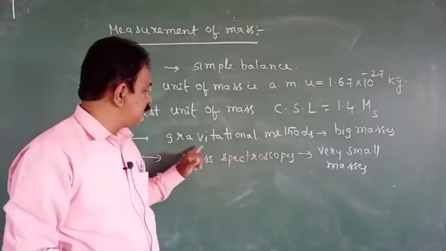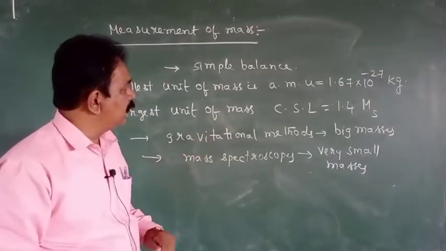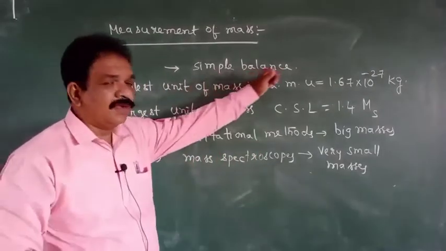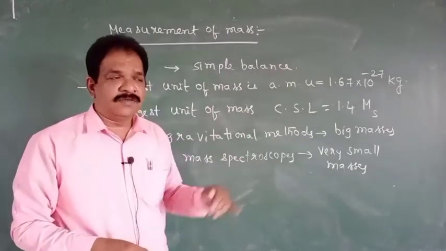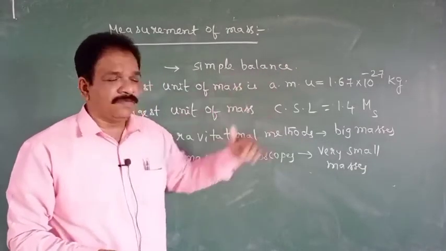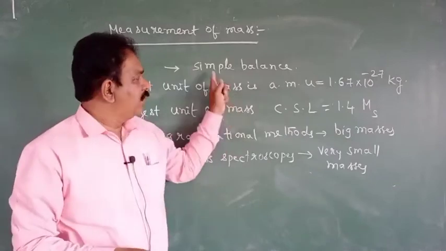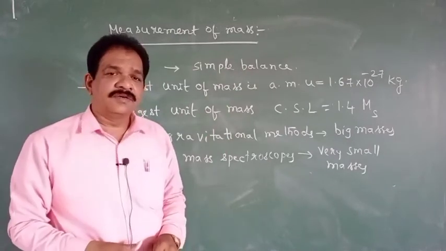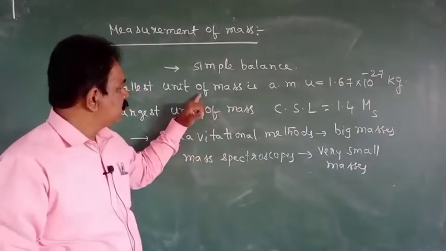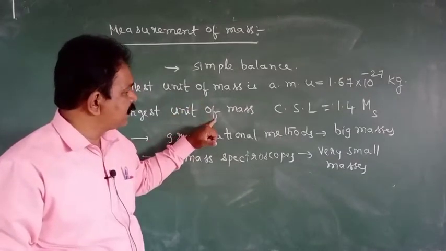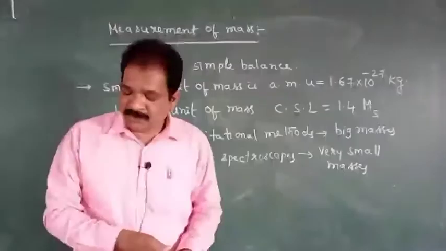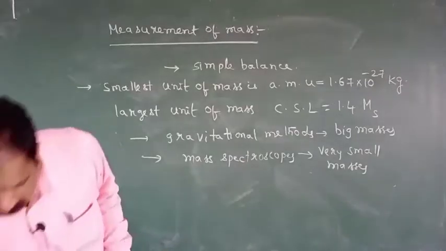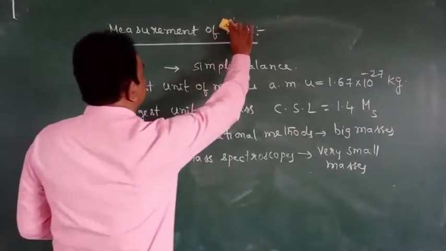Very big masses are measured by gravitational methods. If the mass is measurable, meaning it has a moderate value, we will use the simple balance to measure that mass. Smallest unit and largest unit, these are the units.